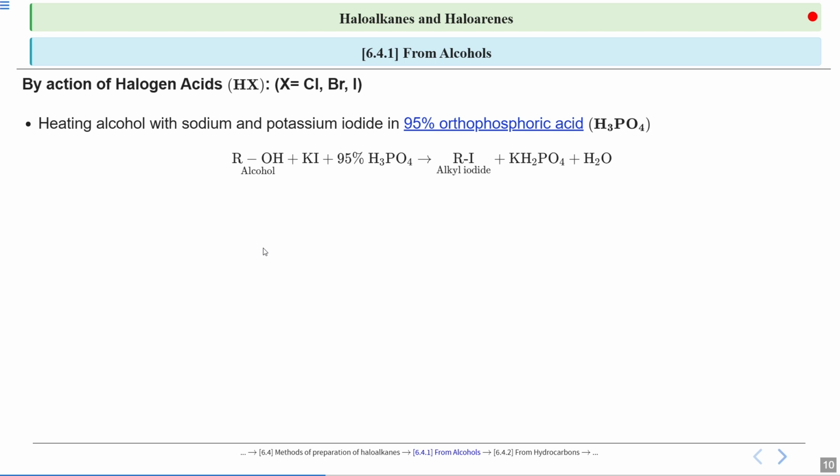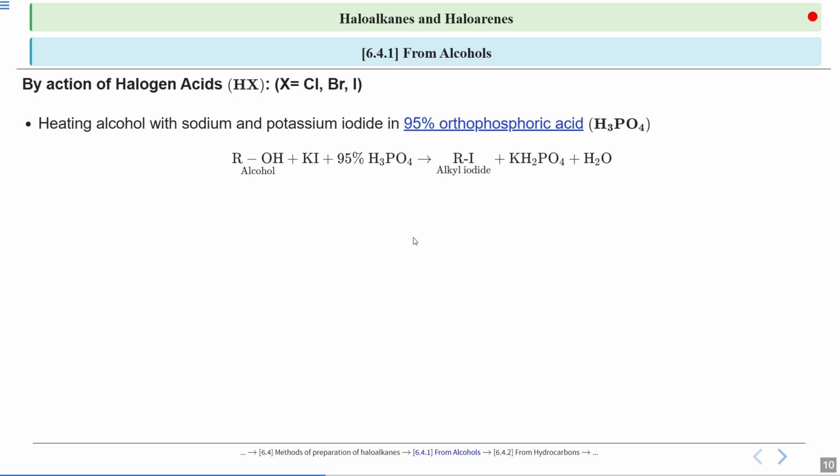If you use a strong oxidizing acid here, other than 95% H3PO4, then what will happen? It will oxidize your hydrogen iodide to iodine, because hydrogen iodide is also a strong reducing agent. So hydrogen iodide is oxidized to iodine if you use a strong oxidizing acid in this reaction.